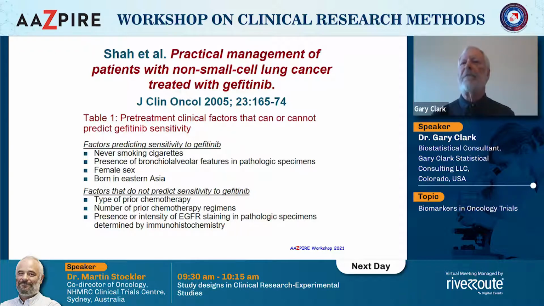And this table is taken verbatim right out of that paper. What the authors did is they described some factors that you could determine before you started treatment that would predict sensitivity to gefitinib, and some factors that do not. For example, patients who never smoked cigarettes, patients with adenocarcinoma, females, and those born in Eastern Asia are all supposed to predict sensitivity to gefitinib.